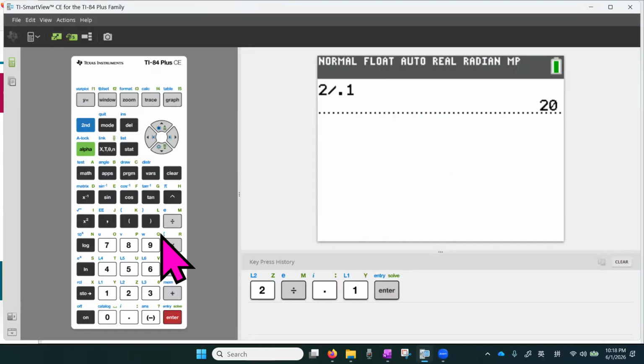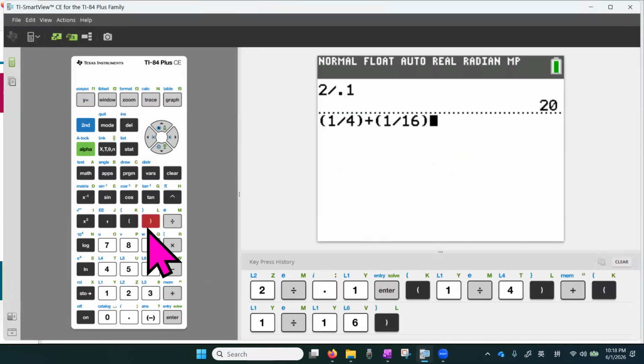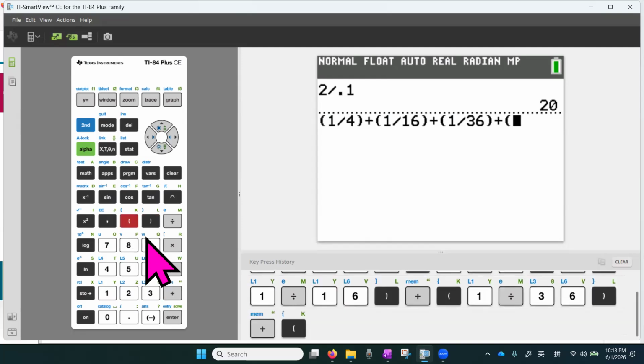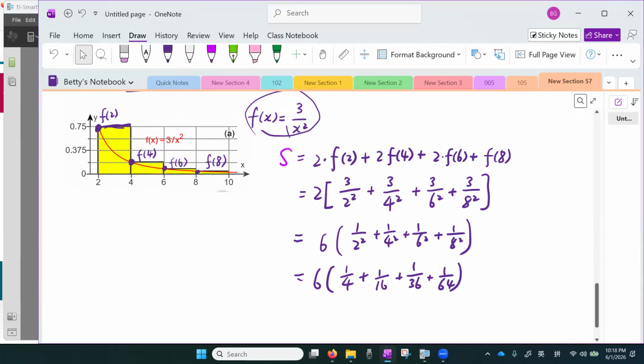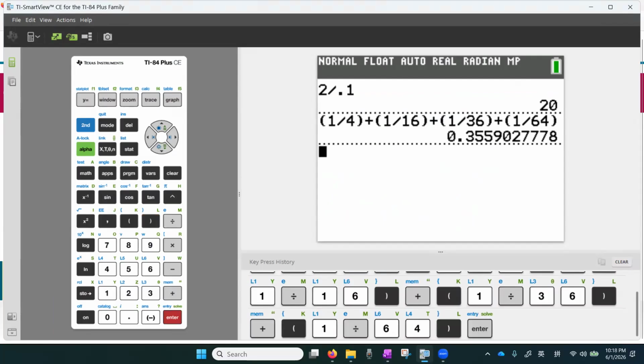We go 1 over 4 is a fraction, plus 1 over 16, plus 1 over 36, plus 1 over 64, right? Let's see, 1 over 4, 1 over 16, 1 over 36, 1 over 64, okay. And then times 6, times 6.